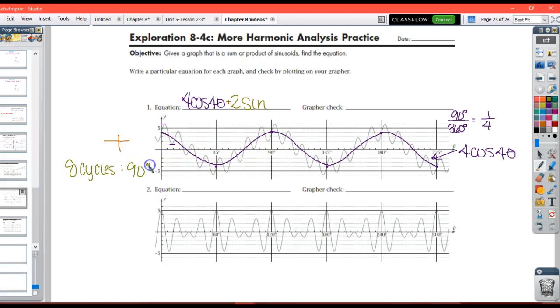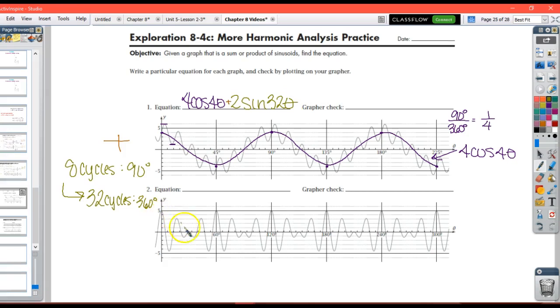Well, that means if I were to extend this out to 360, I would need to multiply this by 4, which would mean I'd have 4 times the amount of cycles, so we'd have 32 cycles in 360 degrees. So that means that I'm making one cycle 32 times smaller than normal, so we write in 32 theta.